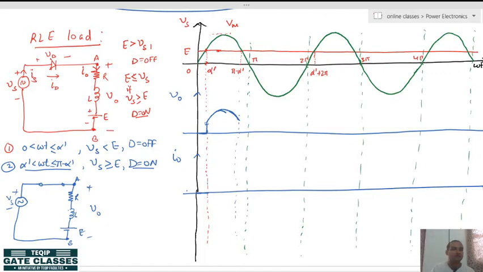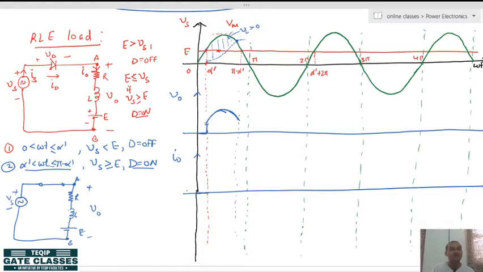If this is the resistive drop by the current, and this is the inductor voltage, then before this point, you can see from the dashed lines, the inductor voltage is greater than 0.